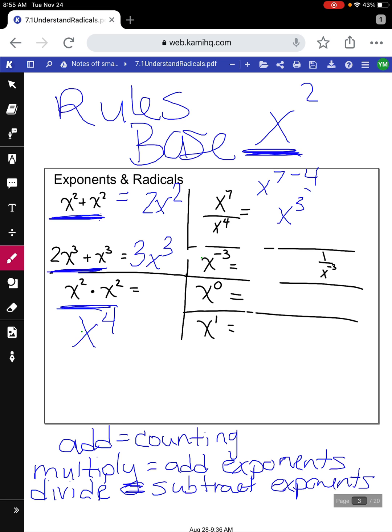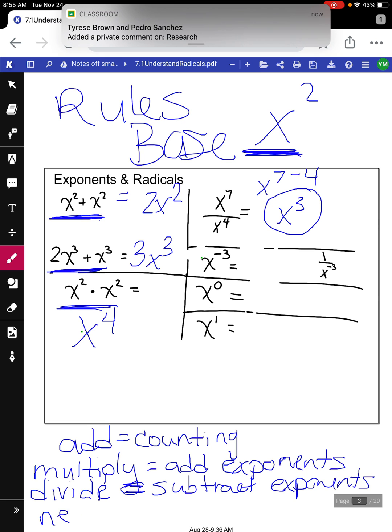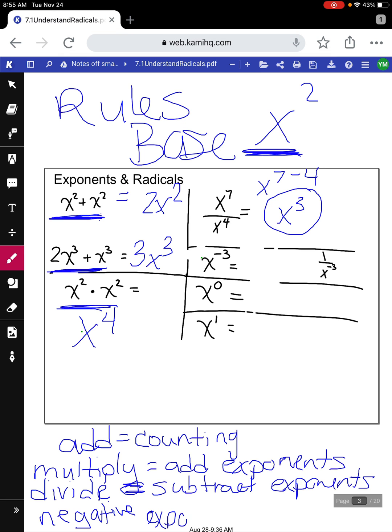Solution would be x to the 3rd. Whenever you have a negative exponent, you're going to flip and change the sign.